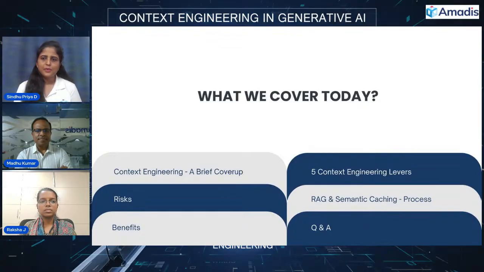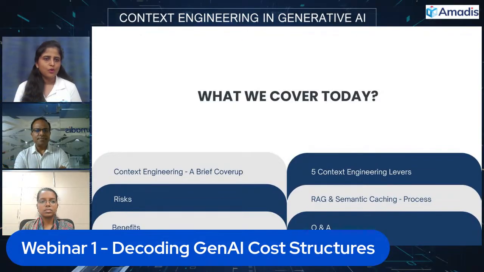The last webinar we had was on decoding Gen AI cost structures. We briefly covered the fundamentals behind Gen AI costs, the basic concepts, token economics, and the cost drivers that could easily drain your Gen AI budget, like the context window, the hallucinations, and all those significant budget drainers.